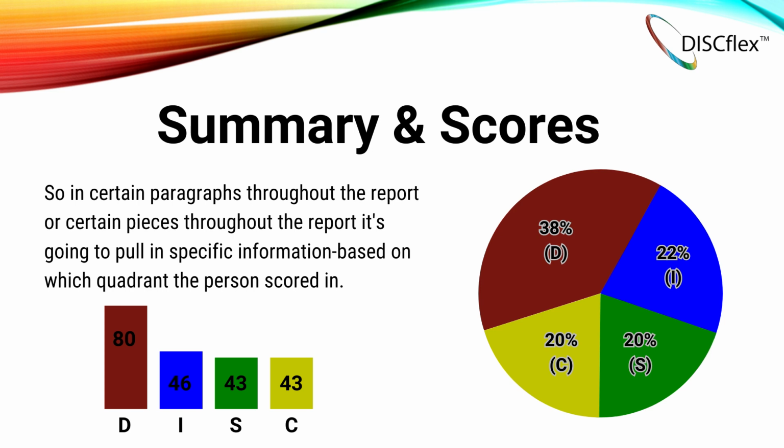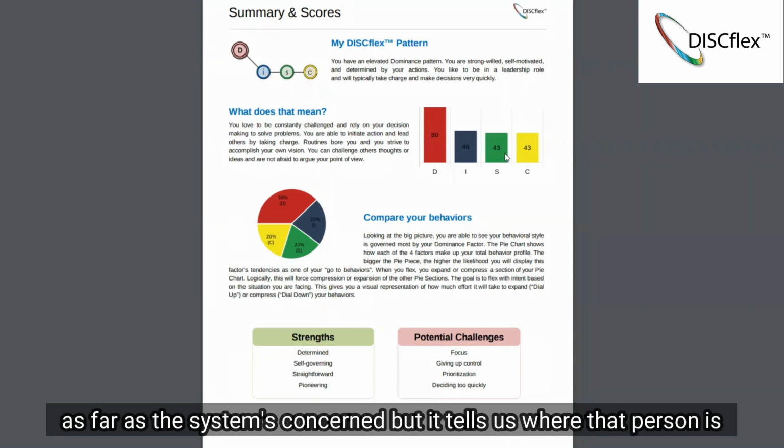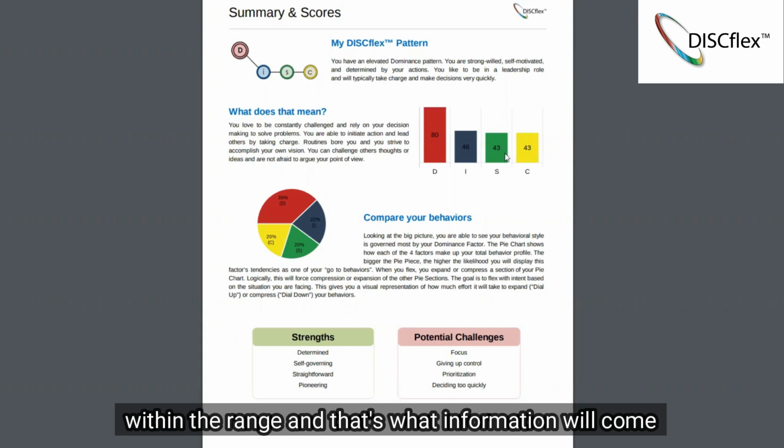So in certain paragraphs or certain pieces throughout the report, it's going to pull in specific information based on which quadrant the person scored in. So there's basically no difference between having a 46 score and a 36 score as far as the system's concerned, but it tells us where that person is within the range. And that's what information will come.